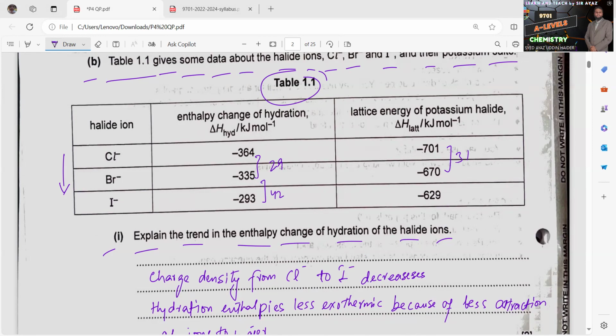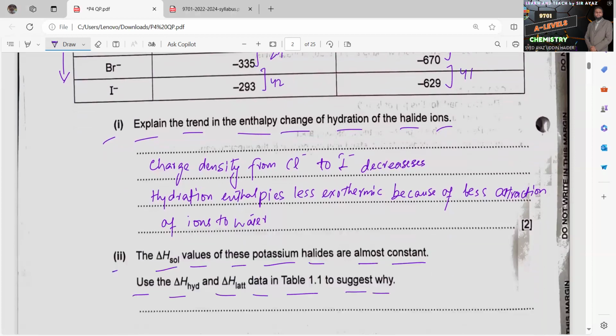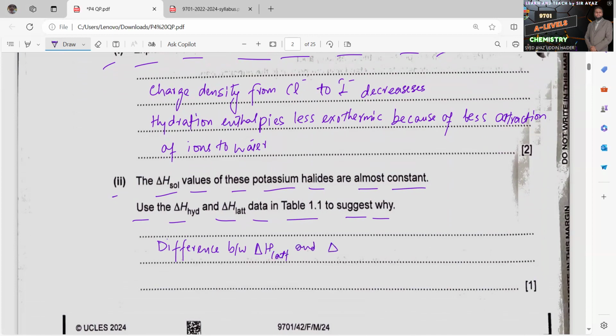It's 41. It's also almost the same. So the difference is the same. You can say it's constant. Difference between delta H lattice and delta H hydration, it remains constant.